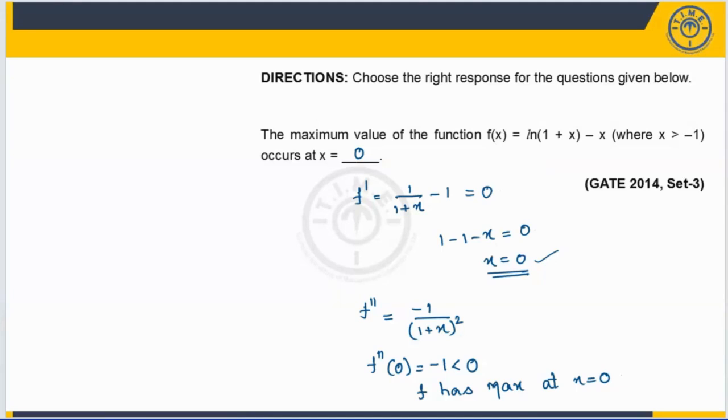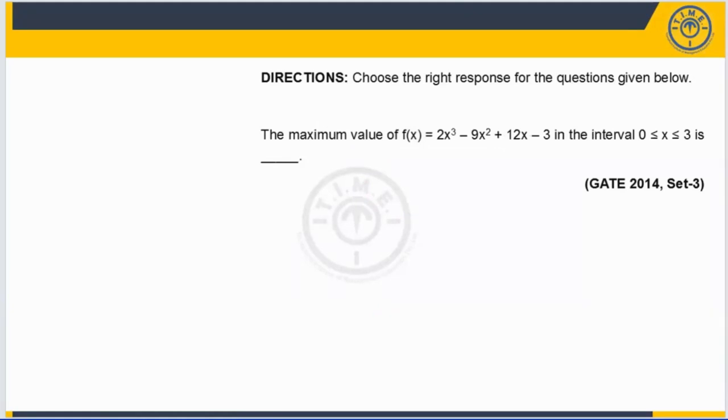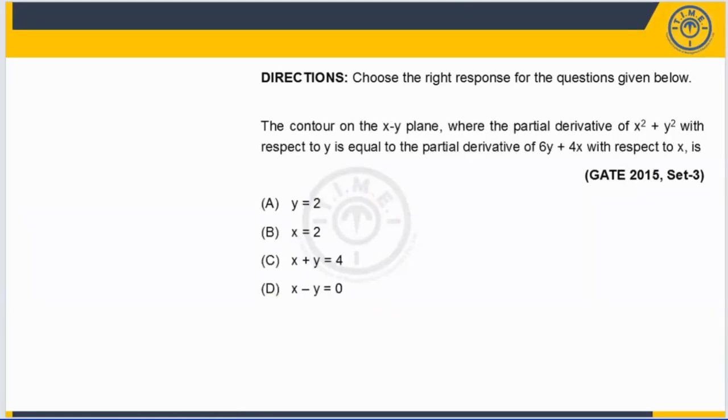Right. Like this, I gave a good number of questions for you to practice. All the previously asked questions. The contour on the xy plane where the partial derivative of x square plus y square with respect to y is equal to the partial derivative of 6y plus 4x.